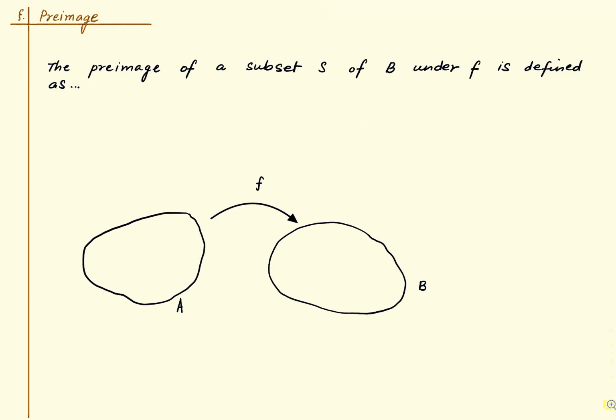So this is a very important notion, the notion of preimage. So suppose we have a subset S of B. And I should say that f is a function from A to B that is given.